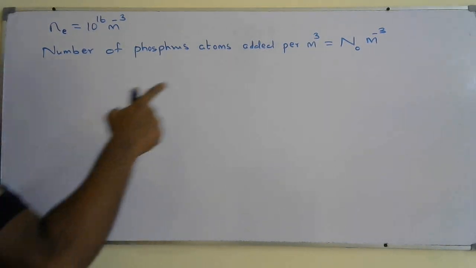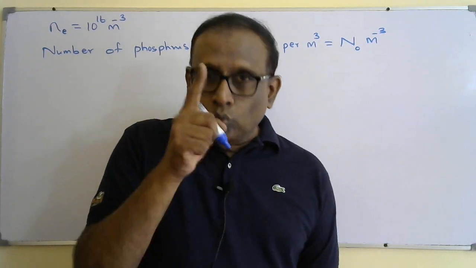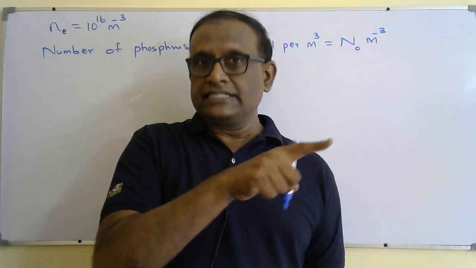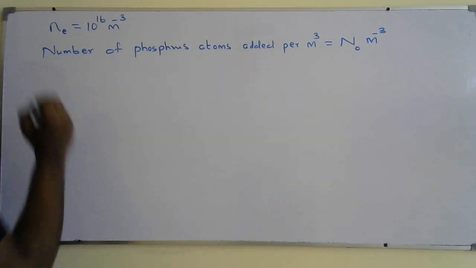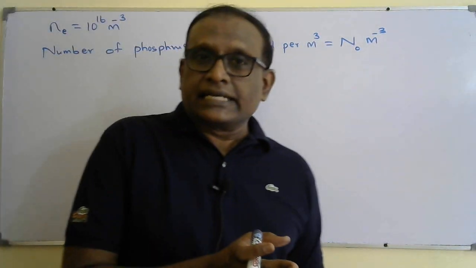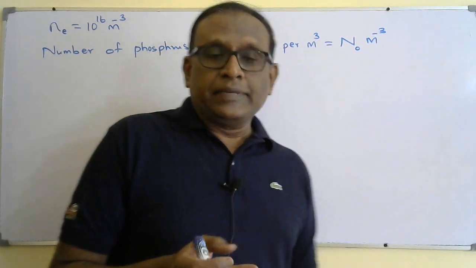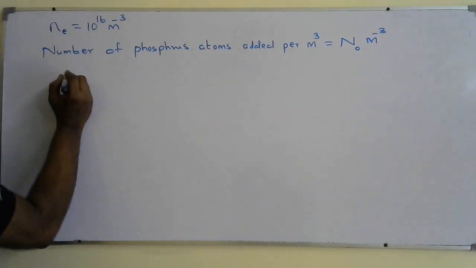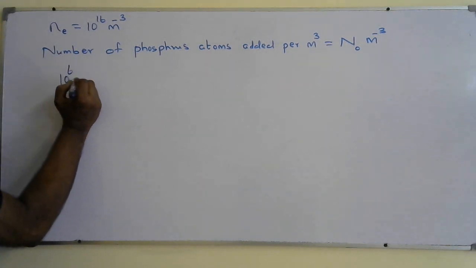After adding, each phosphorus atom will give one conduction electron to the conduction band. So after adding it, the extrinsic semiconductor should have a total of 10 to the power 22 delocalized electrons per meter cube. Initially I took it as Ne, so after that it should be 10 to the power 6 Ne.